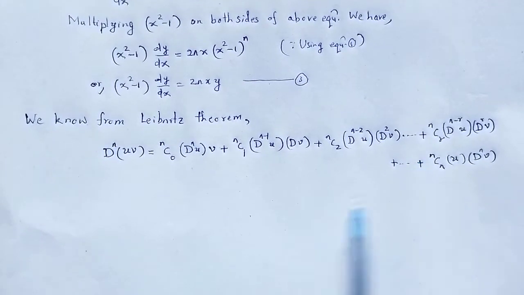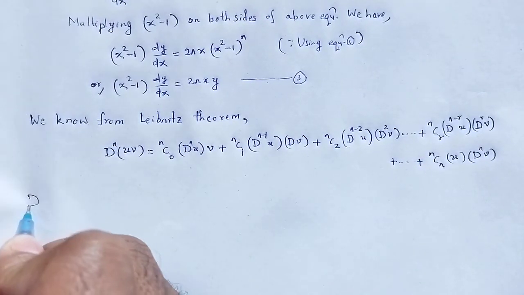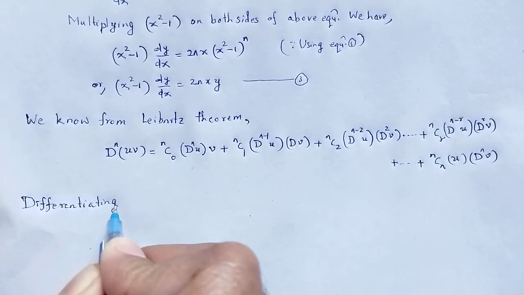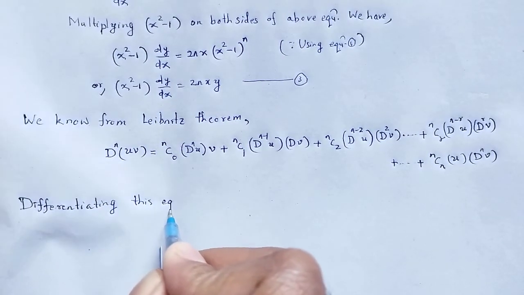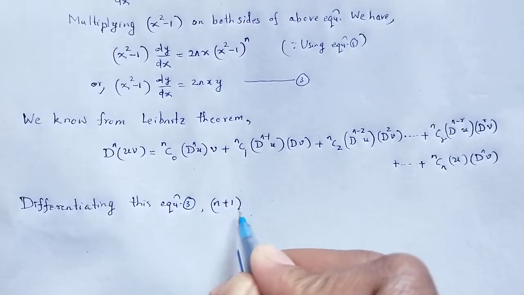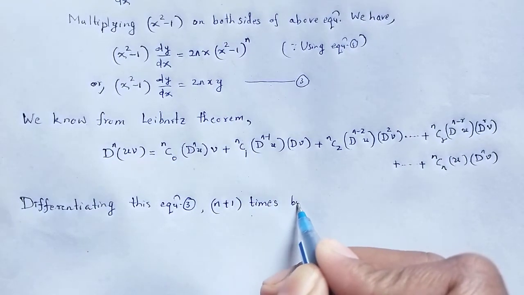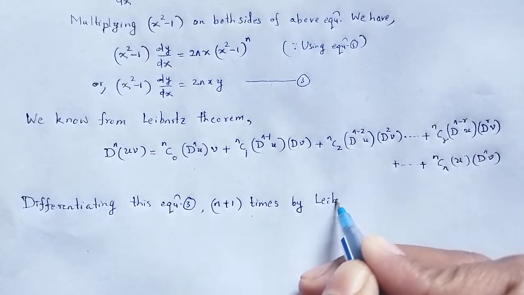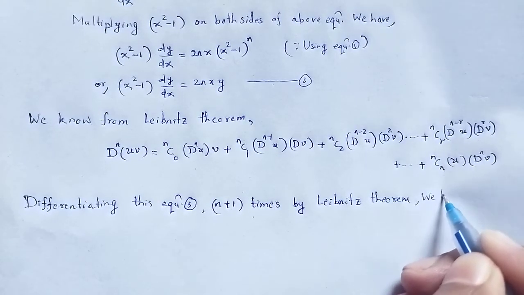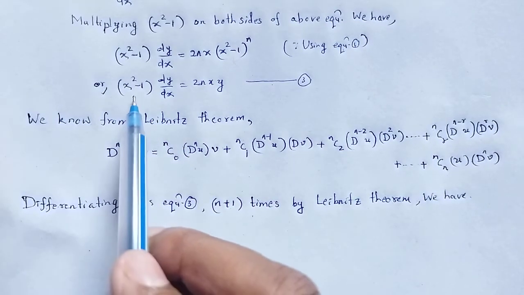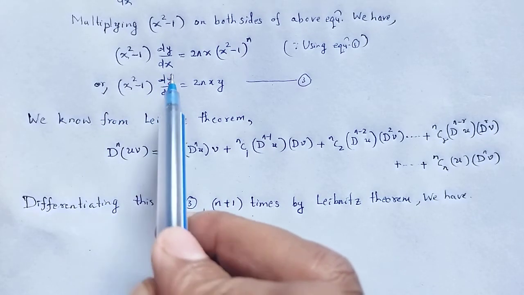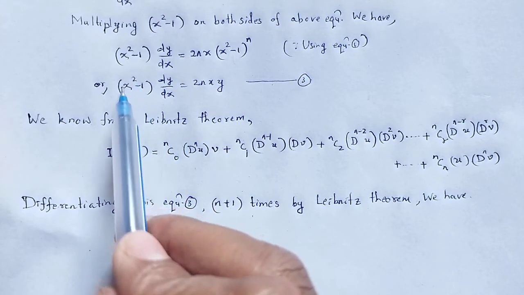That's why I write: differentiating this equation 3 n plus 1 times by Leibniz's theorem, we have, in that term, let me take dy by dx as u and x square minus 1 as v.